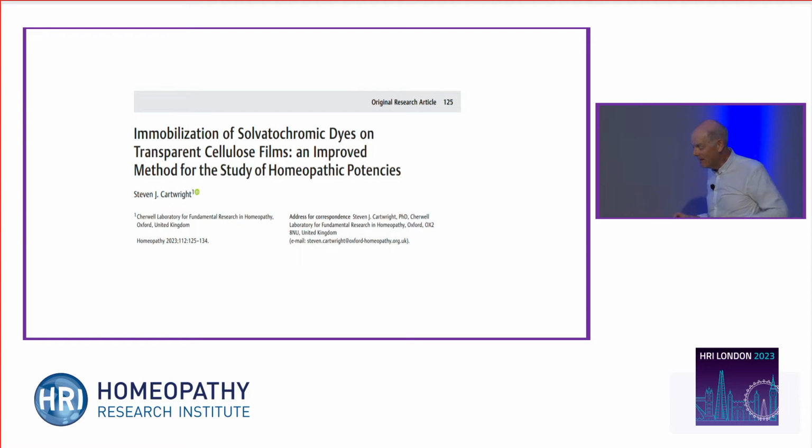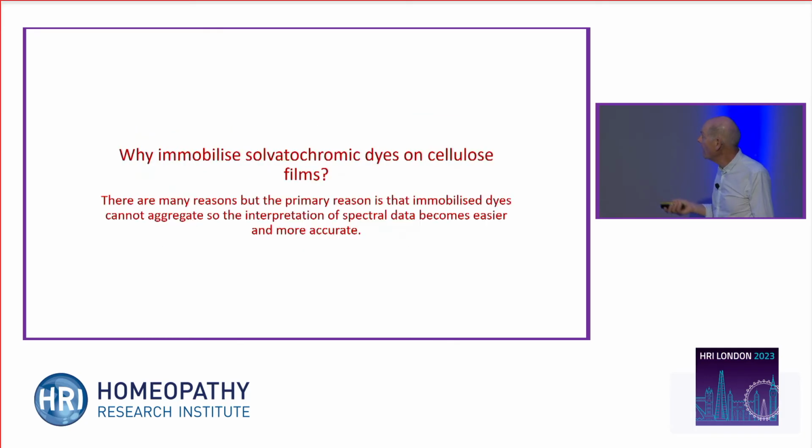One of the latest projects is to immobilize dyes on transparent cellulose films, which makes it much easier to study the action of potencies on the dyes. The main reason for that is that the dyes then can't aggregate, which spectroscopically complicates things when they do.